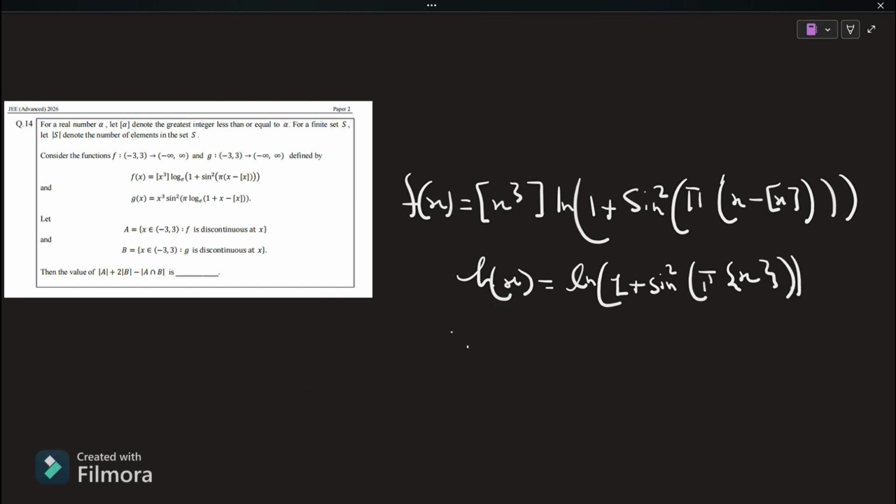The fractional part function is continuous everywhere except at integers.